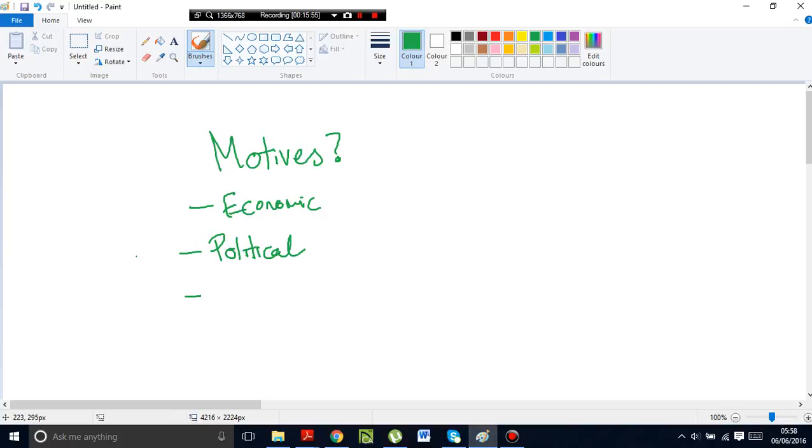Missionaries flocked to Africa and Asian lands in search of converts to Christianity. There was thus a religious justification for it. I guess the last one would be cultural reasons. Cultural motives for imperialism.